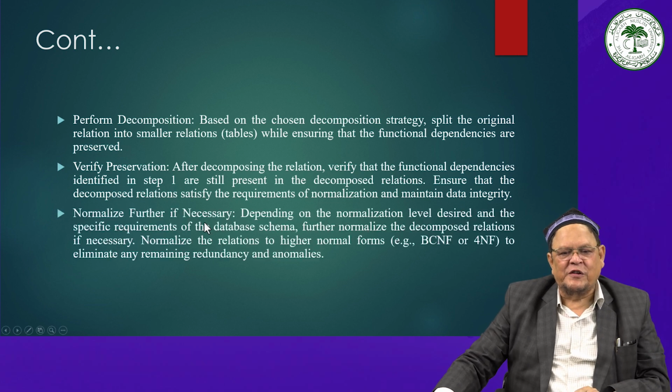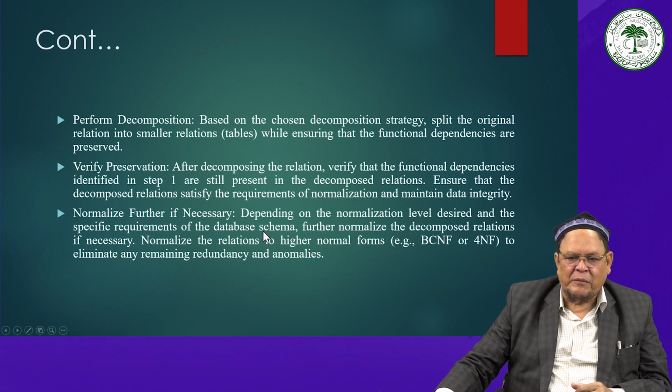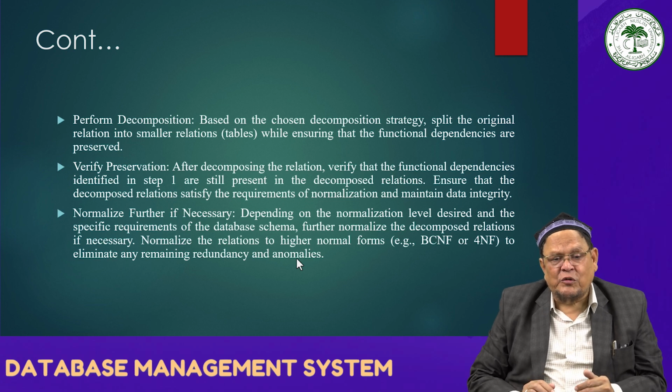Normalize further if necessary. It means depending on the normalization level desired and the specific requirements of the database schema, further normalize the decomposed relations if necessary. Normalize the relation to higher normal forms, BCNF, 4NF, to eliminate the remaining redundancy and anomalies. So how will you go about further decomposition?